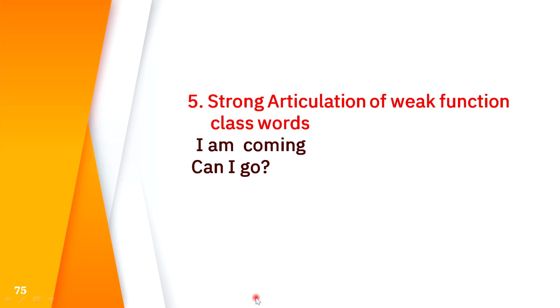Actually, the I and am are contracted and it is pronounced as I'm coming. In the same manner, can I go is pronounced with strong forms. This strong articulation of function class words is due to the absence of weak articulation markers in spelling, and we don't have such weak articulation in Malayalam also.